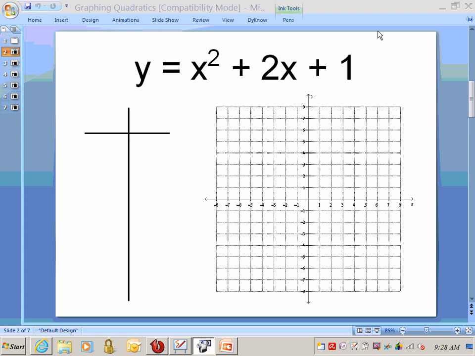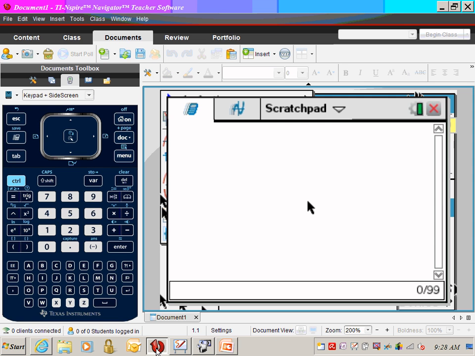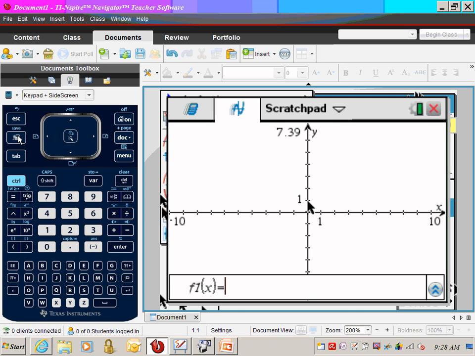Alright, in order to graph in your calculator, you have to solve for y. Good. So this equation is already solved for y. The y has to be positive, right? And this equation is. So all we need to do in our calculator, if we're on the scratch pad, let's go to your graph, and we're going to put in that equation.